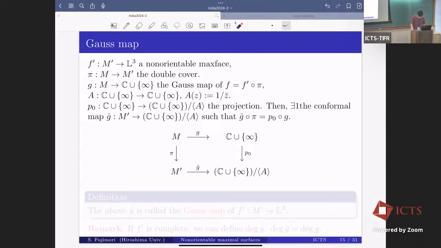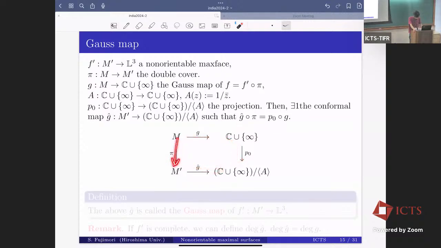The unit circle is invariant by this A. And we define P naught, the projection from CP1 to this. Then there exists a unique conformal map, G hat, such that this diagram commutes.